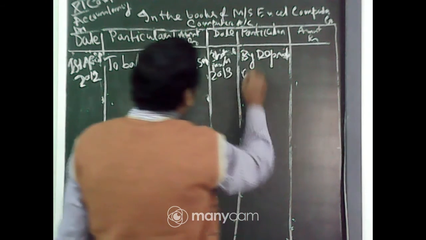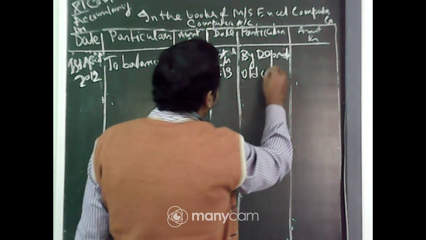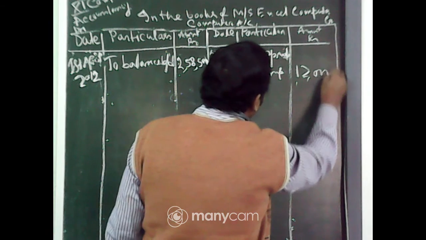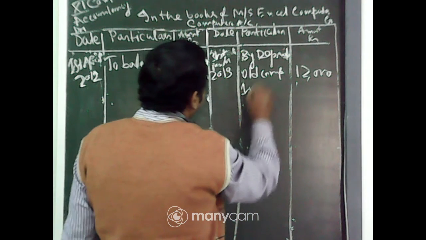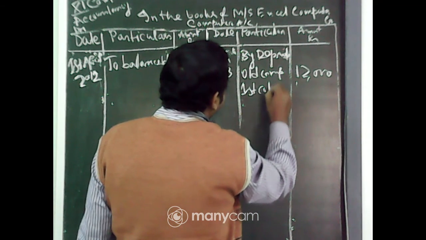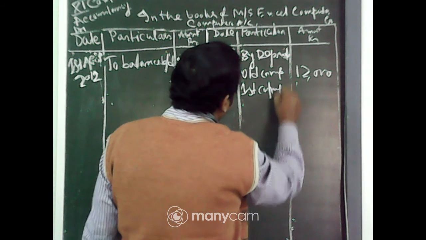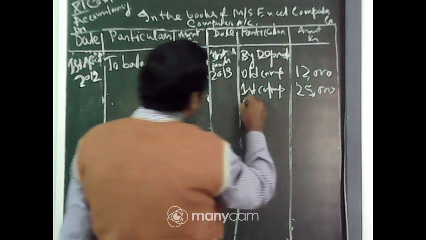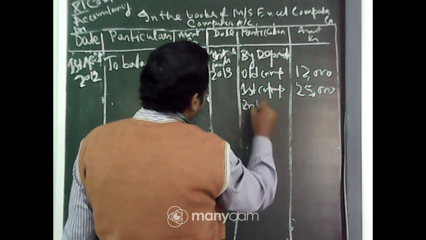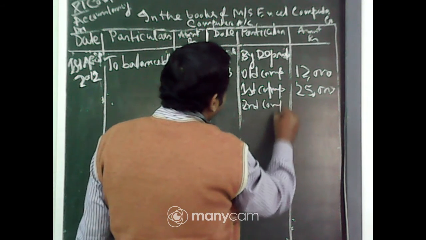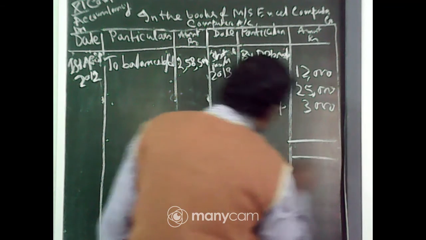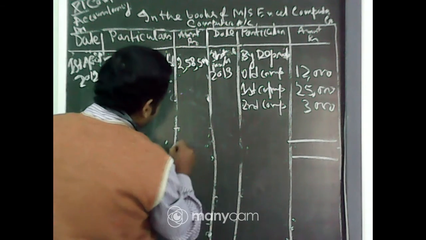Okay, for old computer 12,000, for first computer 25,000, and for second computer, the depreciation will become 3,000. Again we have to make the total.